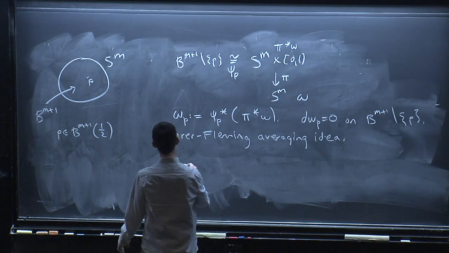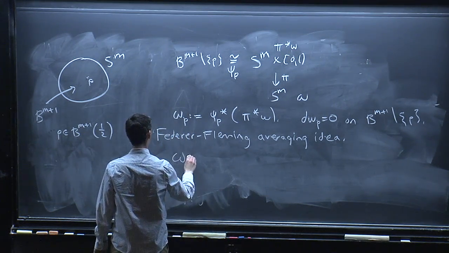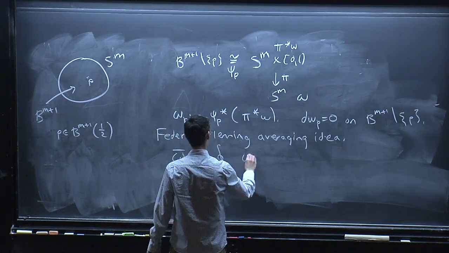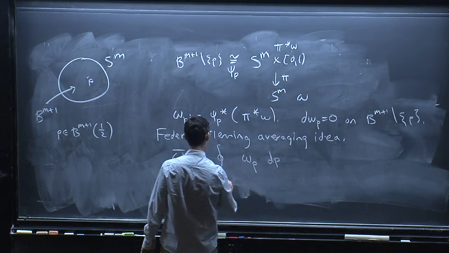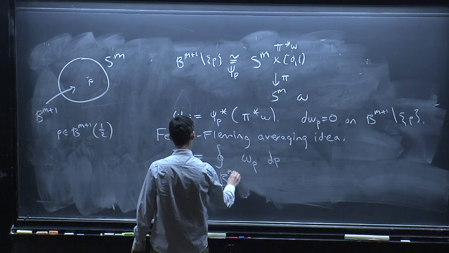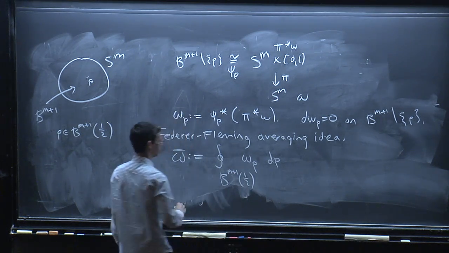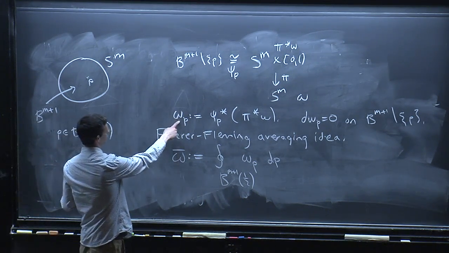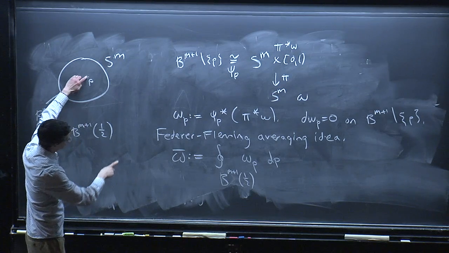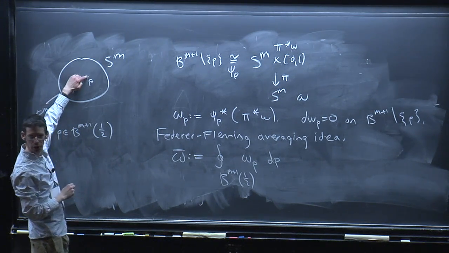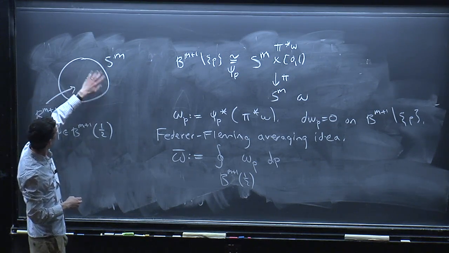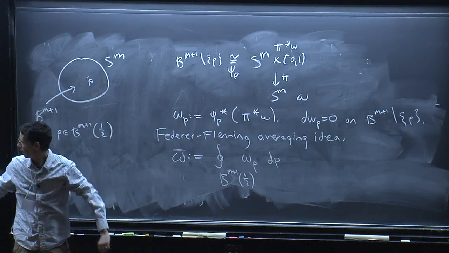So the Fleming averaging idea is to take omega bar and define it to be the average of omega p as p varies over this smaller ball. And then, even though each of these forms is singular, this averaged form is not singular. It's even C^(1,alpha) for a small alpha, and it's closed, and it has the right boundary data, and it has the right bounds.